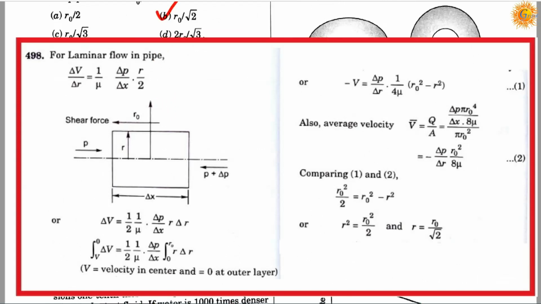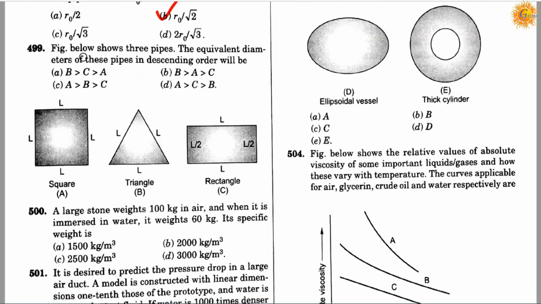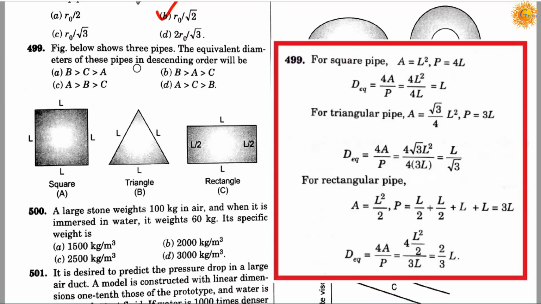Question number 499. Figure below shows 3 pipes. The equivalent diameters of these pipes in decreasing order will be.